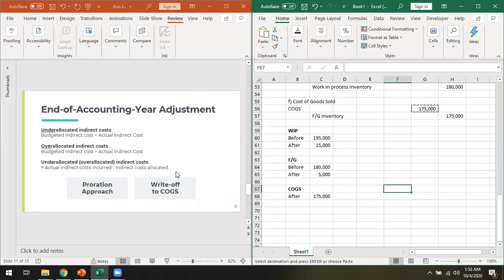But if the result is negative, it means that we over allocate the indirect cost because the actual indirect cost incurred is lower than the indirect cost allocated.